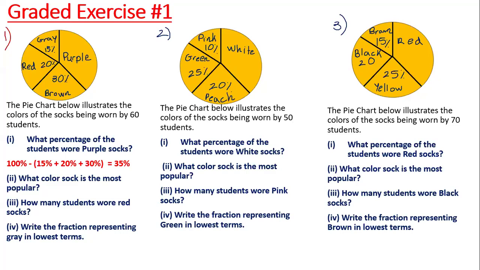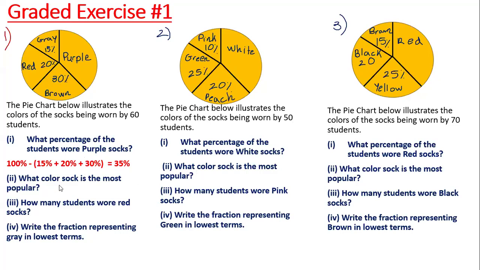We know that purple is this one, right? So we're going to add 15, 20, and 30, and that gives us 65. When we add them, we subtract that from 100, and that gives us 35%. That makes sense? Okay, good.